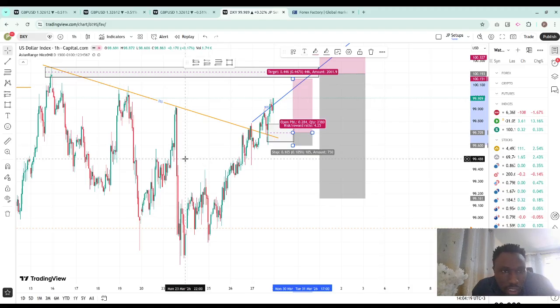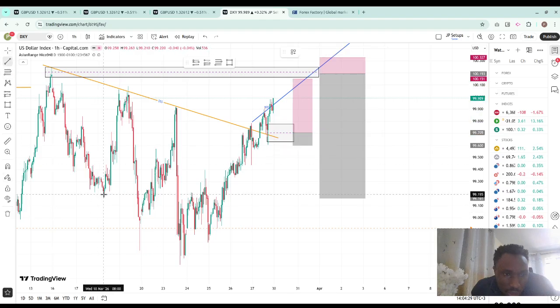So I'm still very interested to look for buys, although we also have a very interesting thing here with this break of structure.